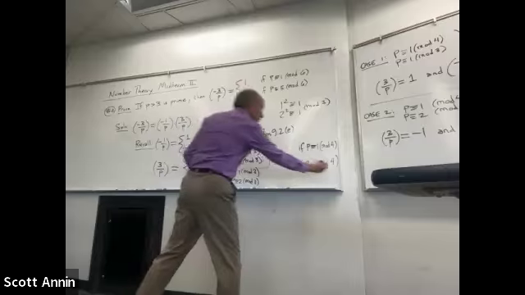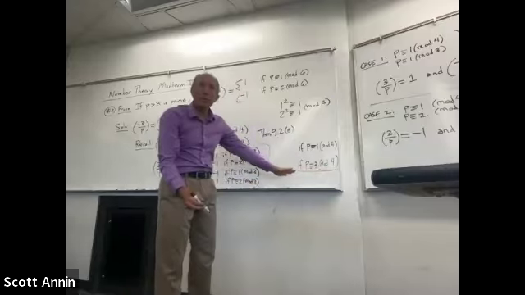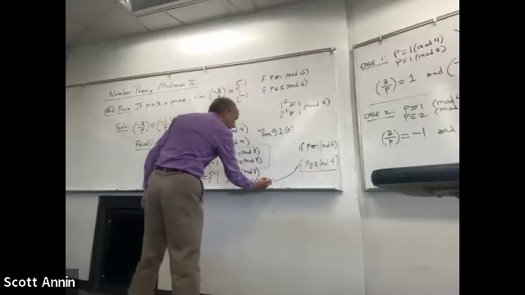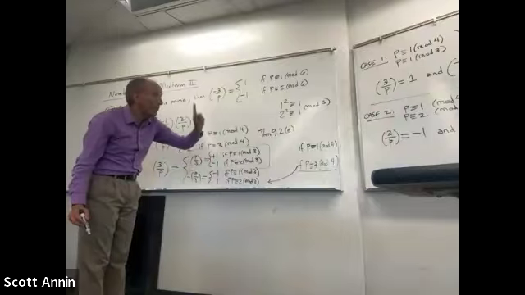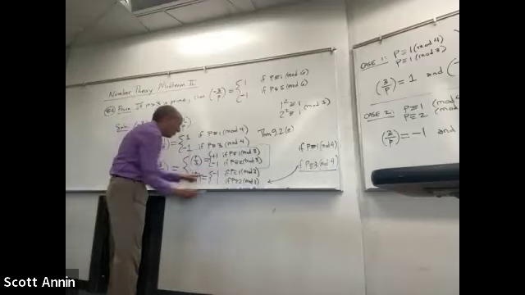Oh, I'm sorry, and we're in this case here. I forgot about the part on the side. So P congruent to 3 in mod 4 means we're looking at the bottom 2 rows here. And then we're in the case of P being congruent to 1 in mod 3, so we get a -1.